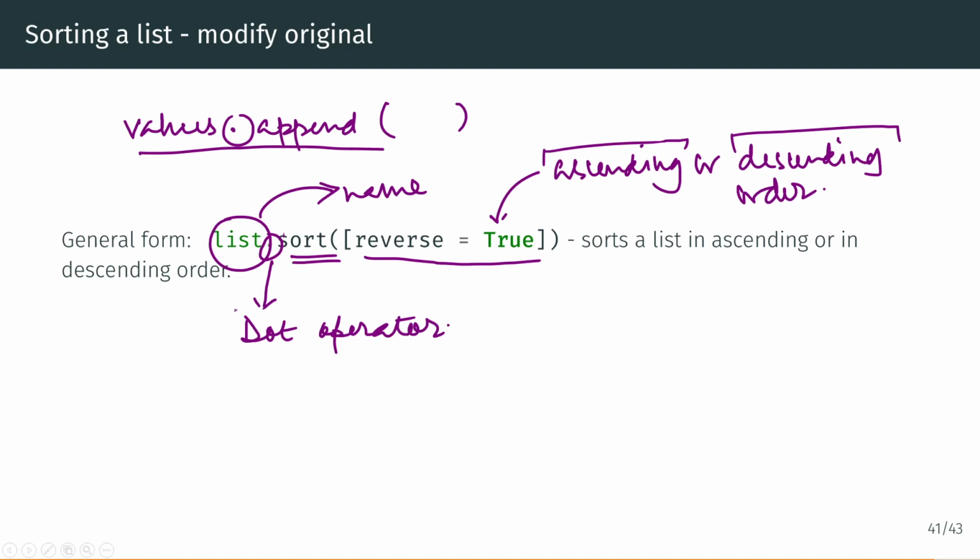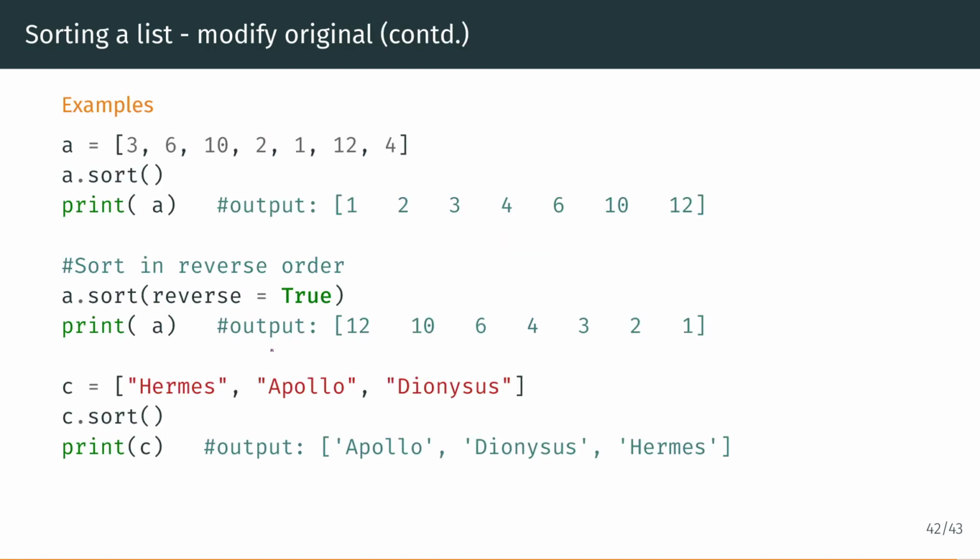Anyways, just to remind you what sort does: given a list of unordered numbers, sort would order the items in ascending or descending order. In this example, you have this list A containing the elements 3, 6, 10, 2, 1, 12, 4. Obviously this is unordered. There is no order to it.